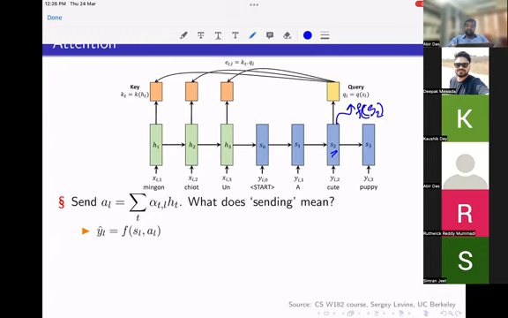What we can do is, after computing this AL, give AL as an input to here also. So instead of only a function of SL, the output is also a function of AL.